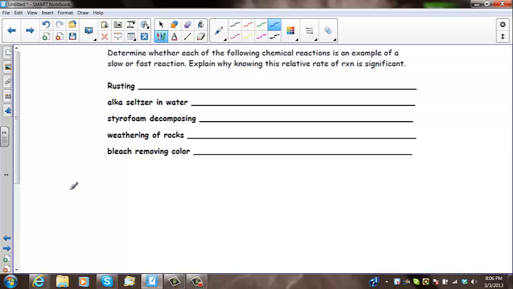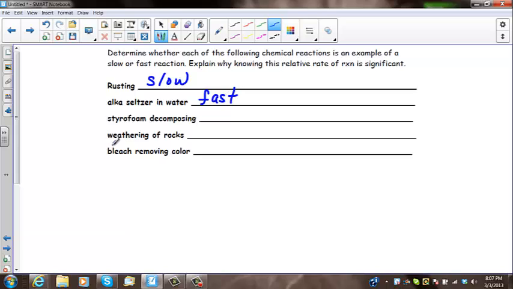Determine whether each of the following chemical reactions is an example of a slow or fast reaction. Explain why knowing this relative rate of reaction is significant. Well, let's think about rusting. Is rusting a slow or fast process? Hopefully you said slow. Alka-Seltzer and water, we've done that lab already. You know that that pretty much goes fast.